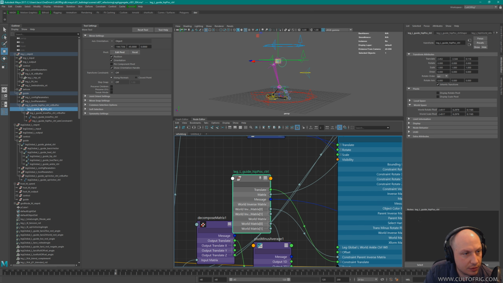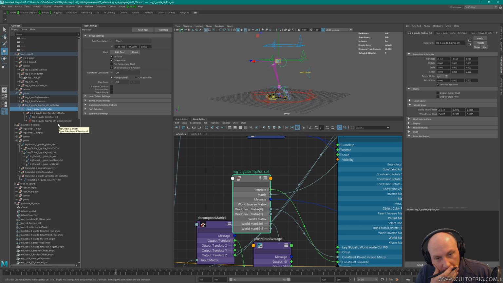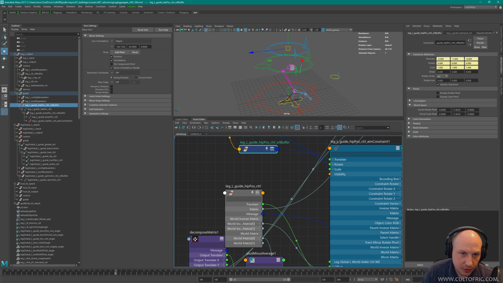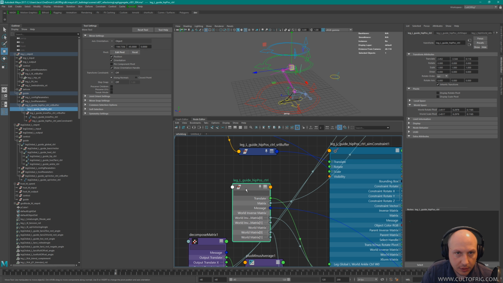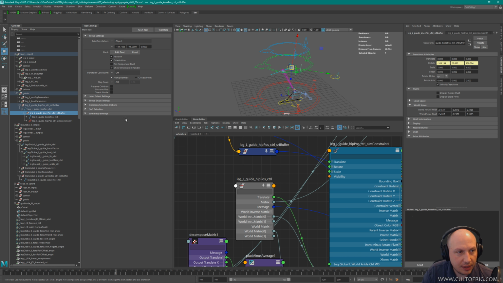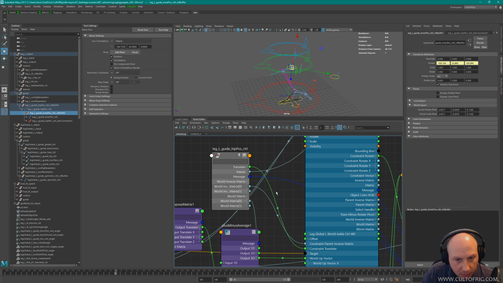You're possibly right, but it really should make sense, because at this point the world inverse of these, which is the parent of that, should be what we wanted here.